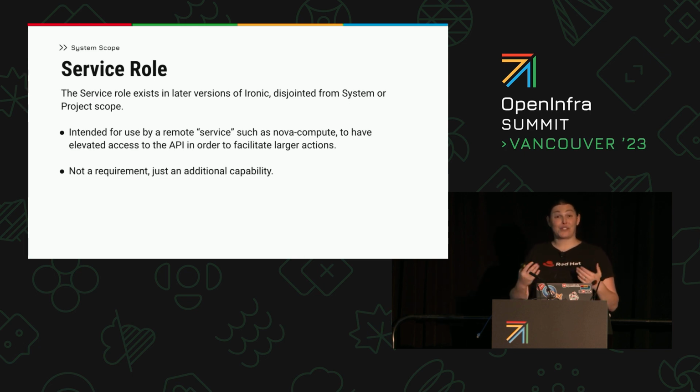The whole idea with a service role is a specific role for another service to do service-like interactions. The example that we've used is Nova Compute connecting to Ironic to do service-specific things. It's not a requirement for use. You should be able to use another member role, and it should work just fine for most operations because you're not creating physical nodes. You're deploying them. There's a difference there.